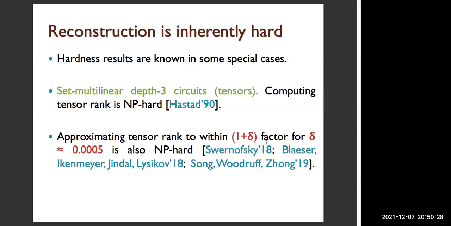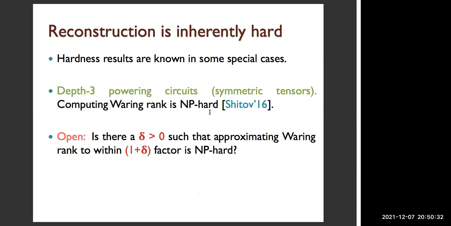And we know of a similar hardness result, not the approximate version but the actual version, like finding the minimum size circuit, also for another restricted class of circuits called depth-3 powering circuits.